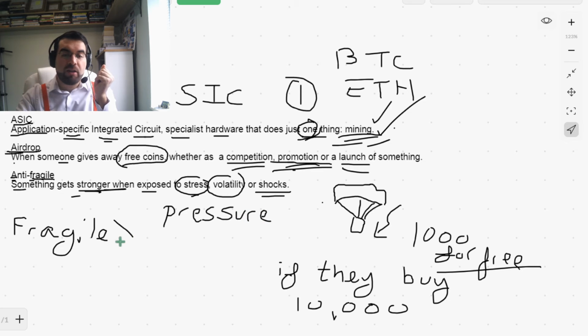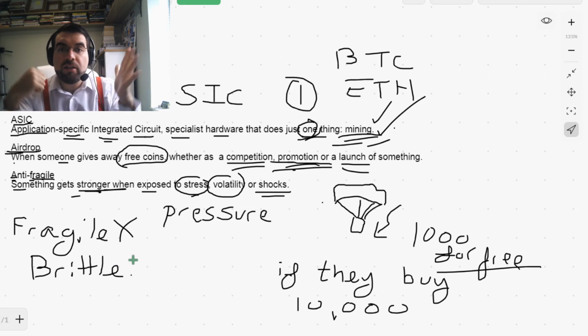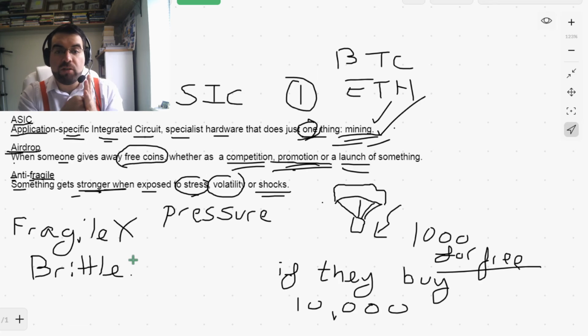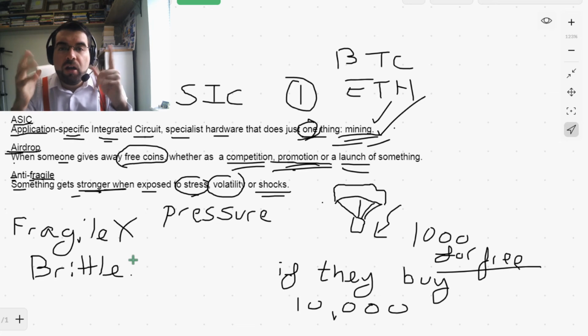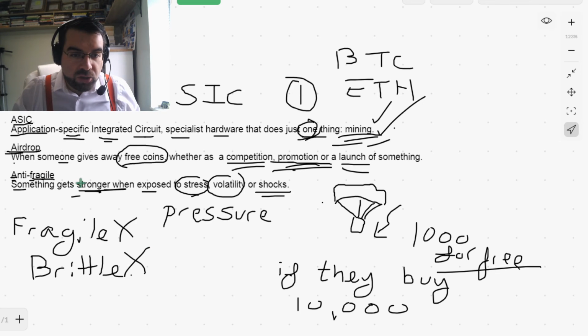We don't want to be fragile, nor do we want to be brittle. So brittle can withstand the pressure, can withstand the stress and volatility and shock. But the problem with being brittle is it doesn't make you stronger.